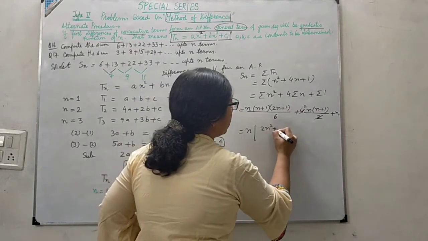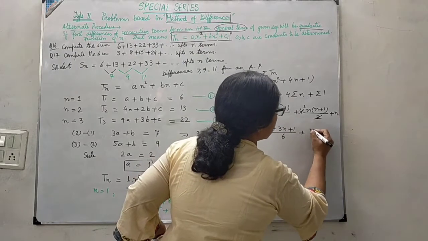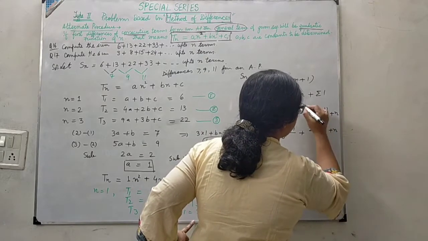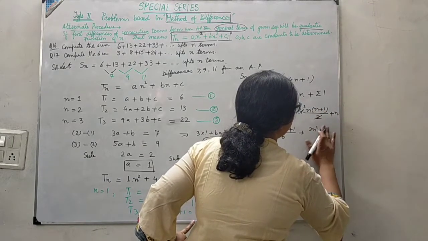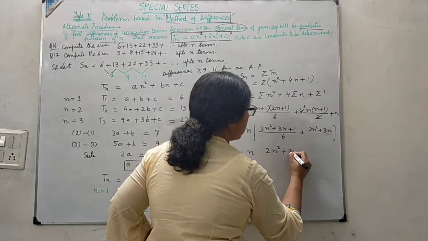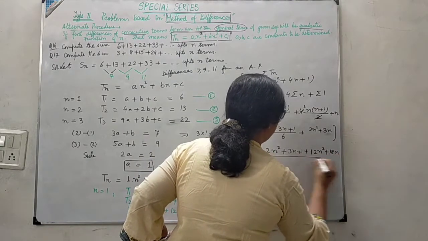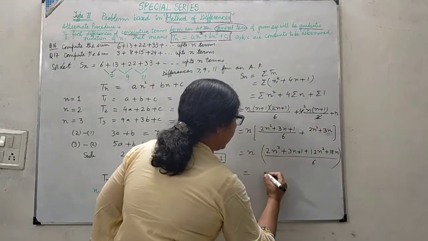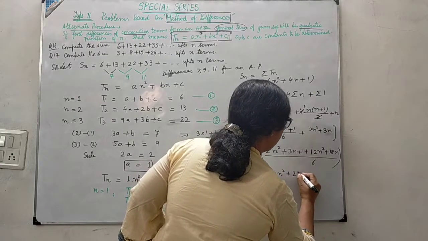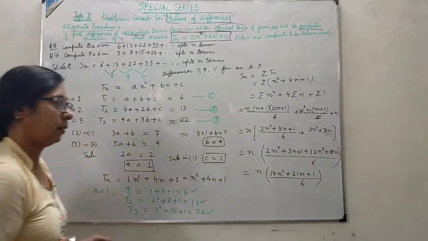This is 2n square plus 3n plus 1 upon 6 plus 2n plus 2, and if I take the LCM, 2n plus n, I will make it 3n. After that, taking LCM, this is 2n square plus 3n plus 1 plus 12n square plus 18n upon 6, and we get n into 14n square plus 21n plus 1 by 6, and this is your answer.